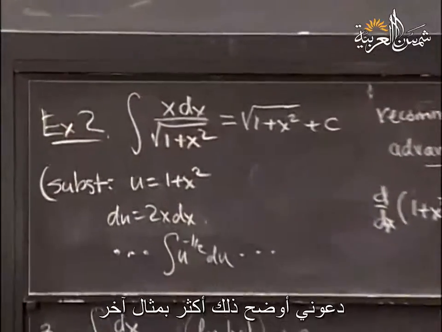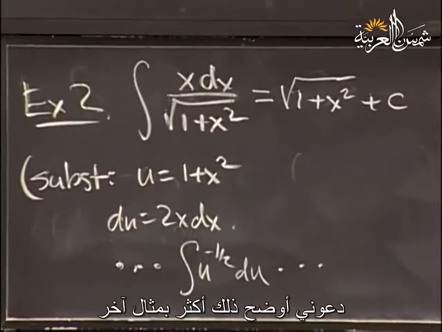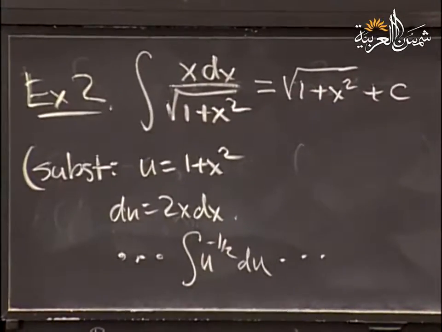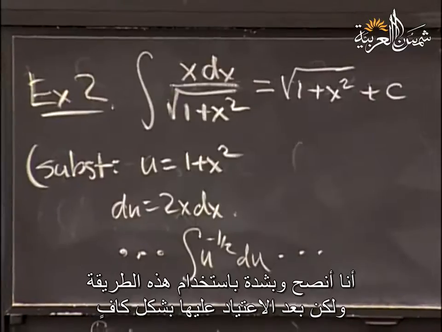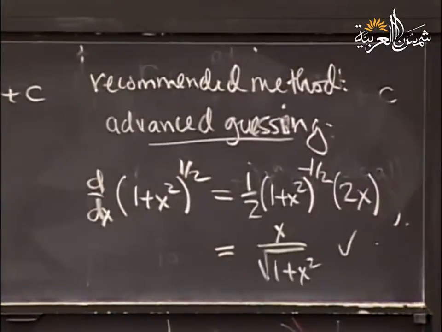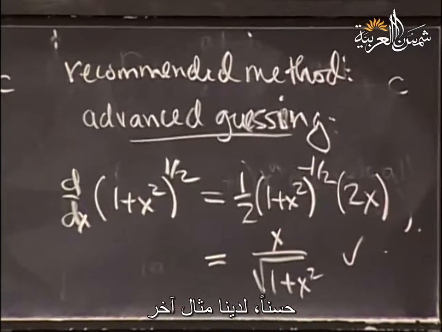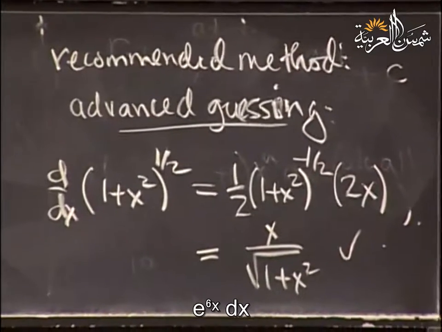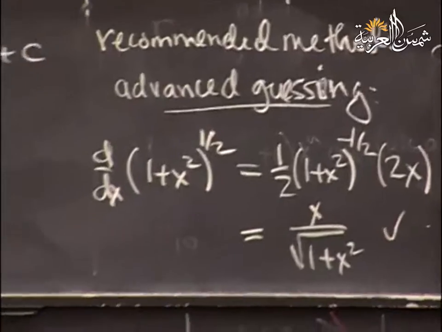Let me illustrate this further with another example. I strongly recommend that you do this, but you have to get used to it. So here's another example, e to the 6x dx.